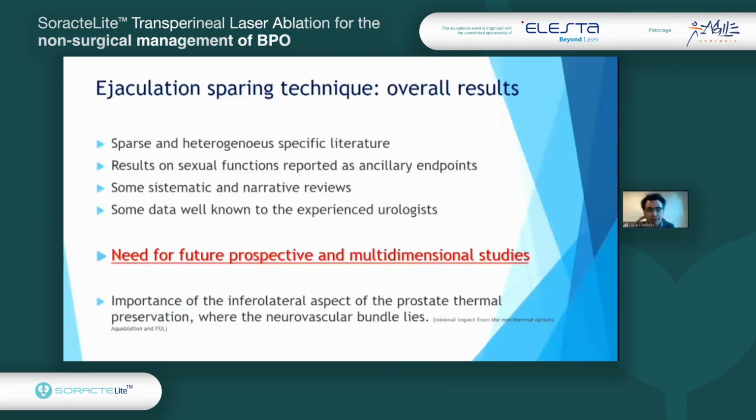So we have some systematic and narrative reviews of high quality, but the studies involved in these papers are normally of low quality. So in the future, we need prospective and projected studies, especially investigating the multidimensional field of ejaculation.